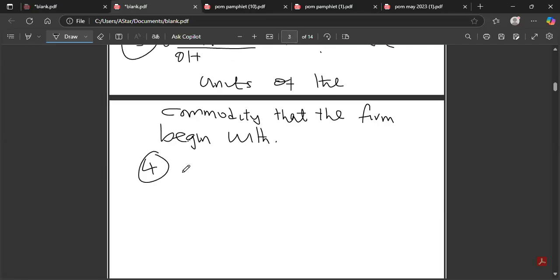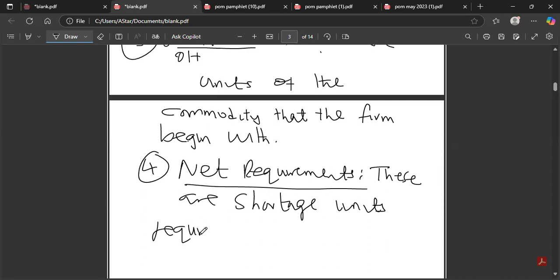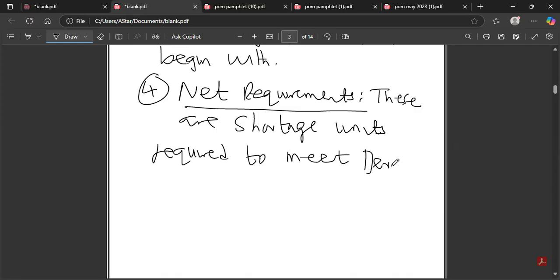Then we have net requirements. So these are shortage units required to meet demand. So this one is called NR.